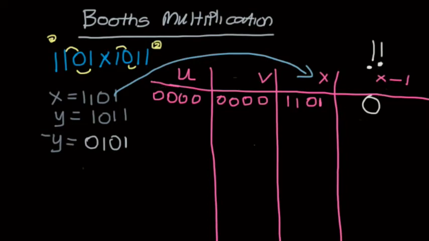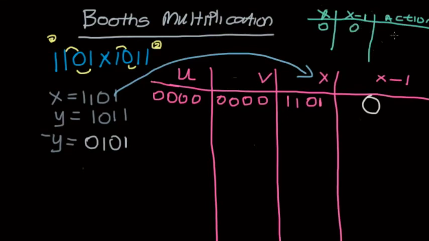So here's another thing I want you to know. Just put this as a separate table. We have x minus 1, and we have the action. If the last bit of your x is 0 and your x minus 1 is 0, there's going to be no action. But if the last bit of your x is 0 and your x minus 1 is 1, you're going to add x and y.